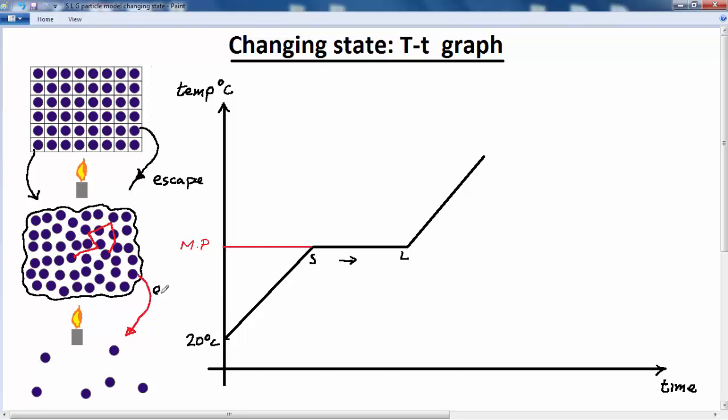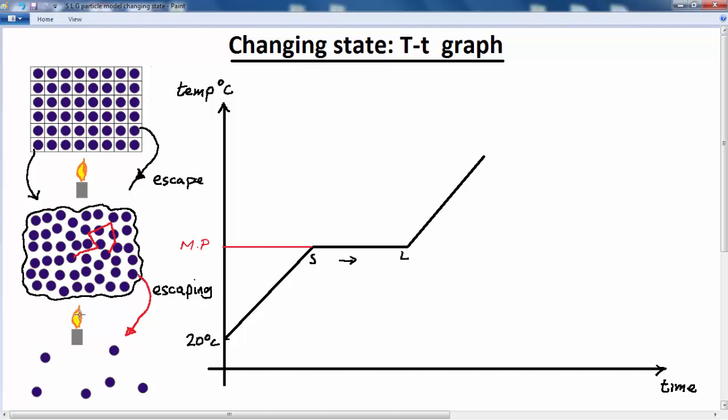So we've got the same word again. They're escaping from one state into another. And just as when they were escaping from the solid state into the liquid state, when they're escaping from the liquid into the gas state, the energy that enters the liquid is used to help these particles escape rather than to increase the average kinetic energy of the particles.